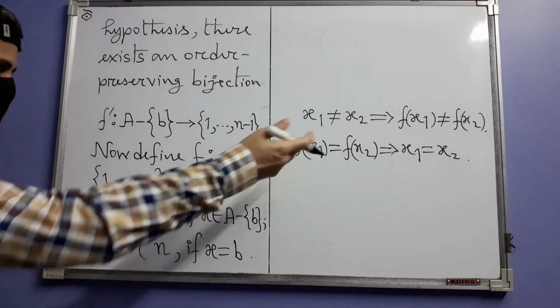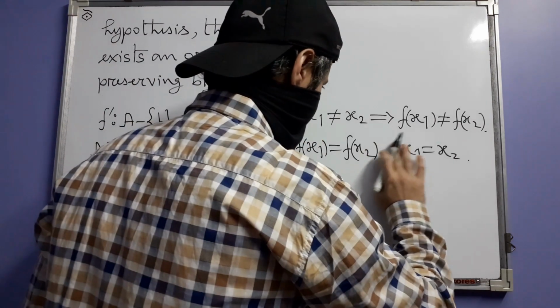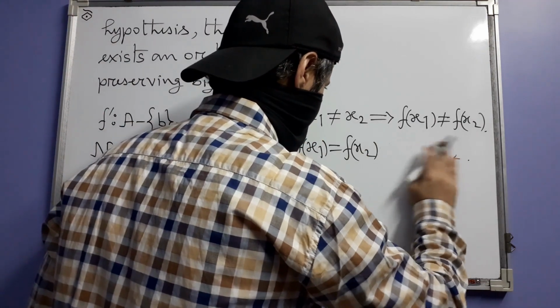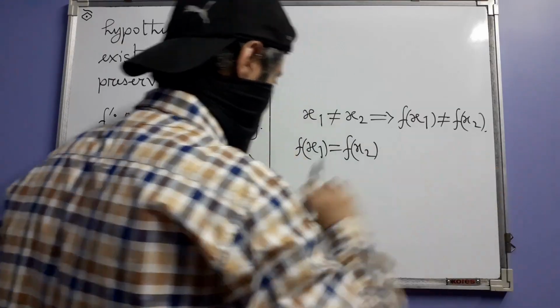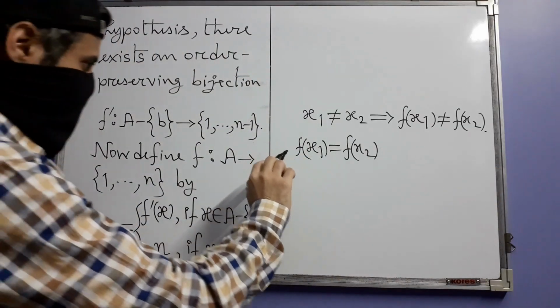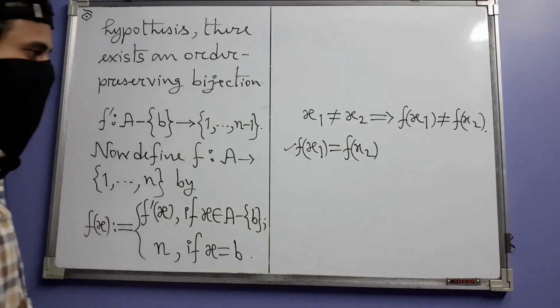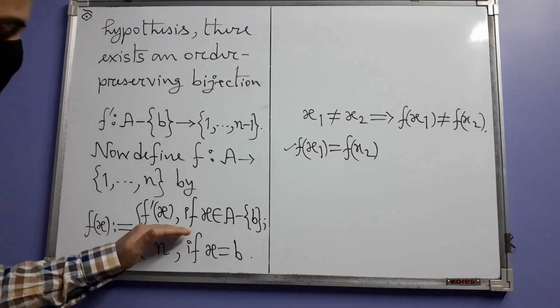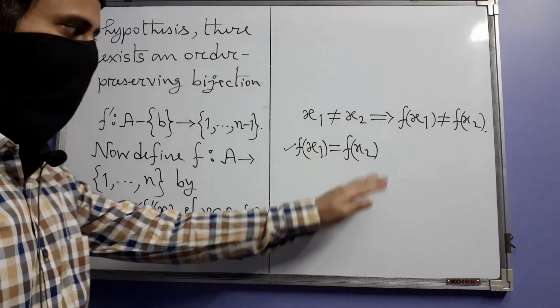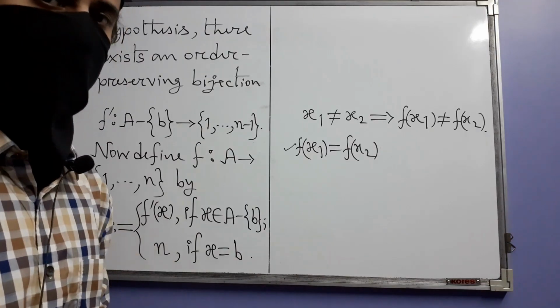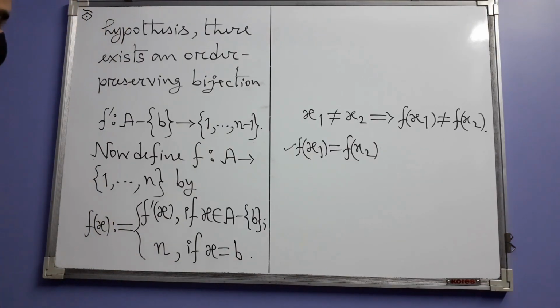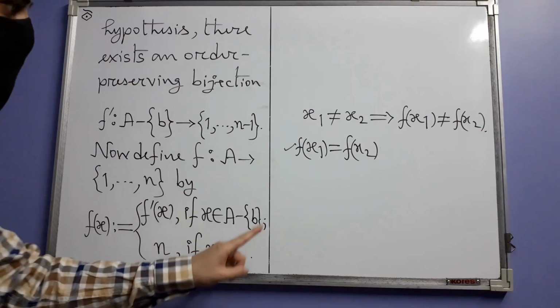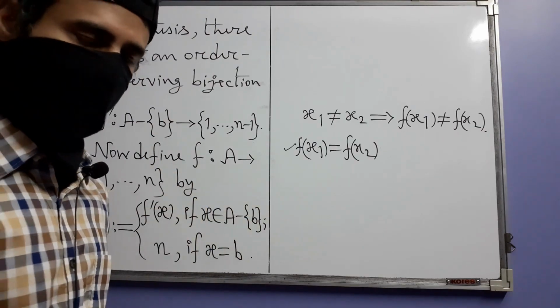Say you have chosen x1 and x2, for which you don't really know yet whether that happens or not, but for which this happens. Then you have to divide that part into some cases. What will happen if x1 and x2 are both equal to b?